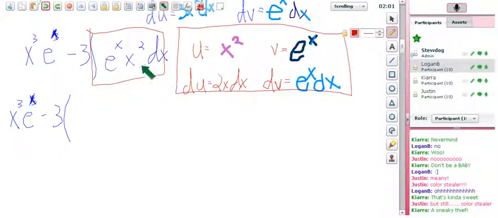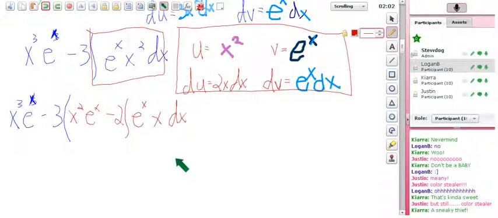This integral gets rewritten using this stuff. Again we use uv, that's x squared, e to the x, minus the integral of 2x, so I'll put the 2 out here, 2x, e to the x dx.